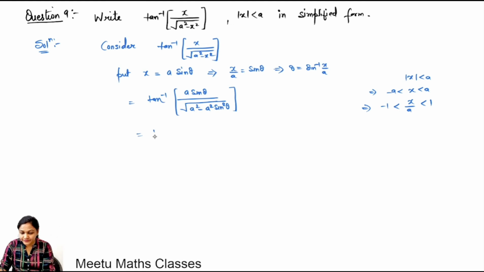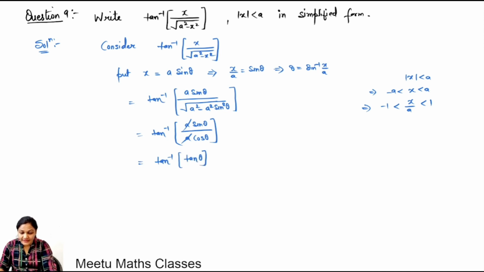Now a square can be taken common, square root of a square is a only, and inside the square root what is left is 1 minus sin square theta, that is cos square theta, and the root of cos square theta is equal to cos theta. Now a will cancel out and you are left with tan inverse of tan theta.